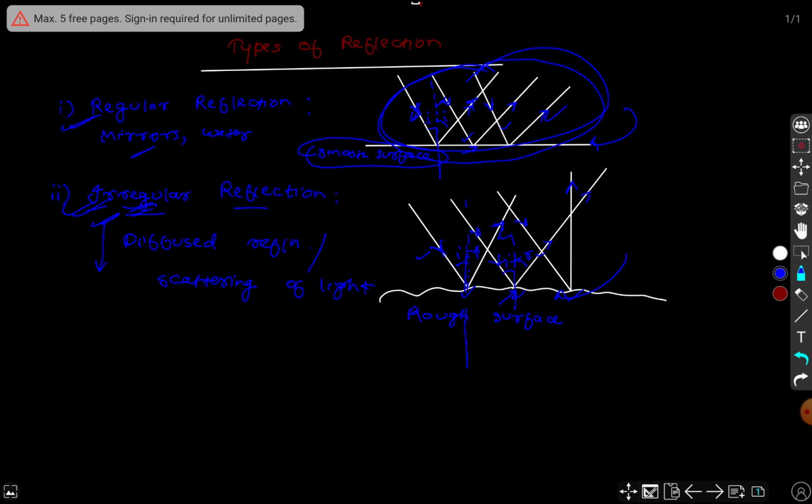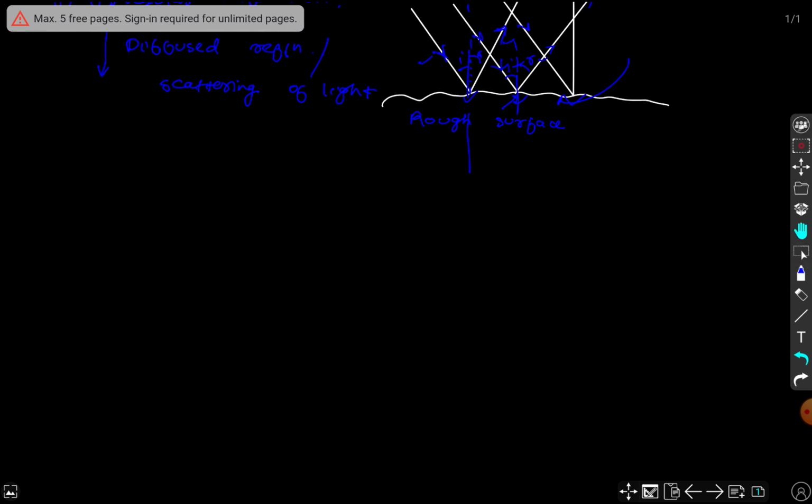Now I hope you might have understood up to here. Now let me explain to you why sometimes regular reflection and why sometimes irregular reflection occur. So when the surface is smooth, when I am saying that the surface is smooth, then I am saying it at the microscopic level.